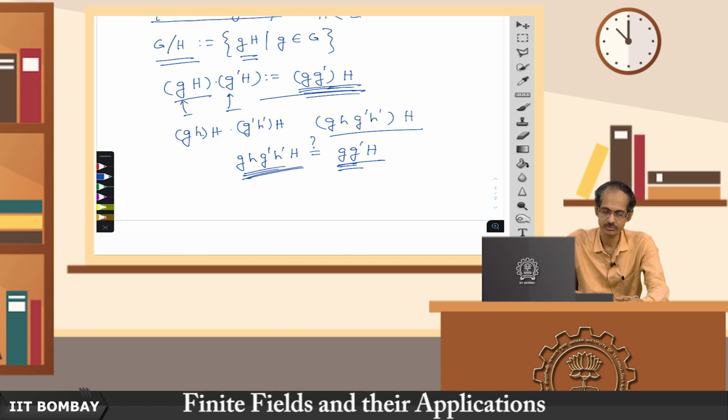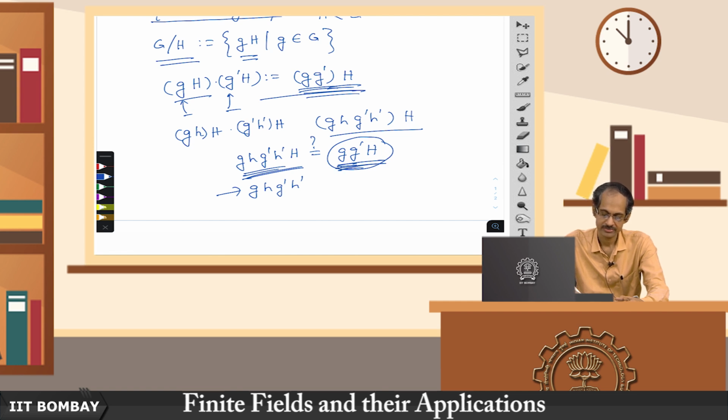If we prove either of them, this will be proved. So, let us look at ghg'h'. We will show that this belongs to this coset. Then the coset of this will be the same as the coset of this.